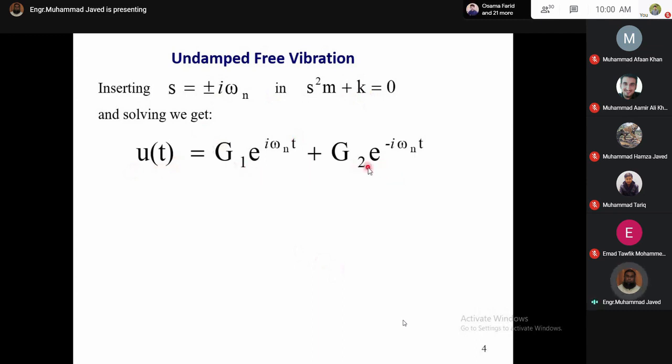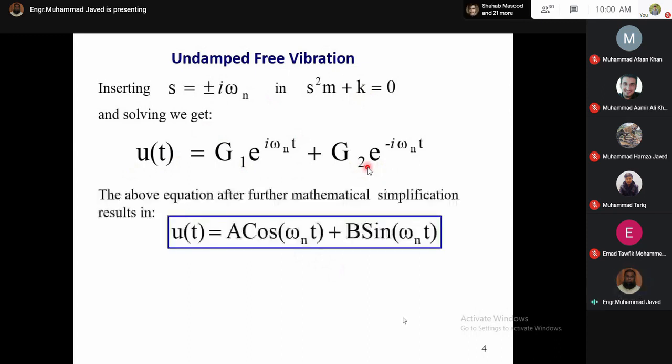Again, c1 and c2 are constants which can be determined. And again, if we solve this mathematical equation, again I am skipping the derivation and writing the final mathematical part, which will have a format of this type: u of t equal to A cos omega n t plus B sin omega n t.